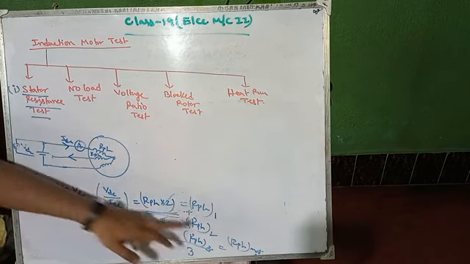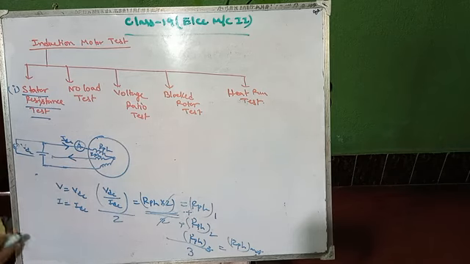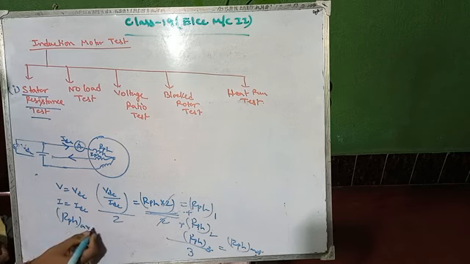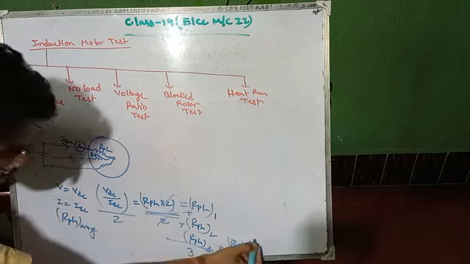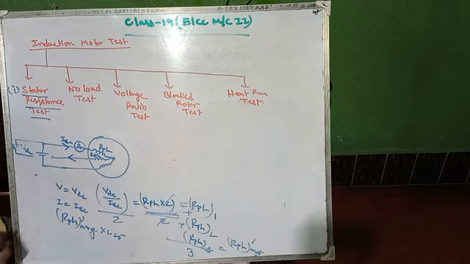But always remember, this value is for DC, and we know that for AC the resistance is higher than the DC value. So we have to multiply RPH average, say RPH average dash, by 1.25 to get the actual resistance per phase for AC.